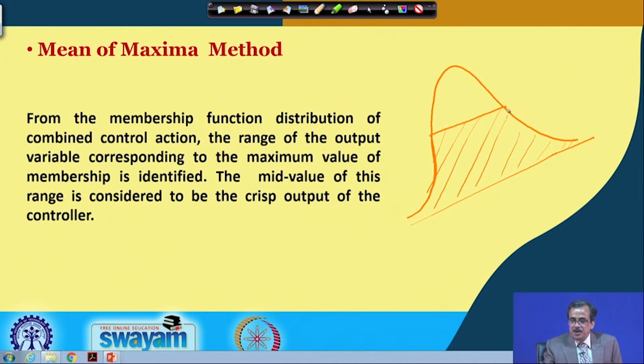Integration is computationally very expensive, and that is why the center of sums method and the centroid method are computationally very heavy, and we can rely on the mean of maxima method.